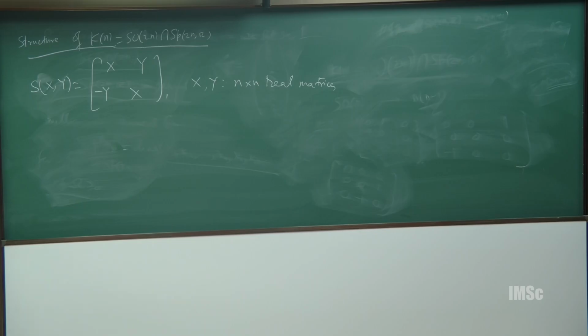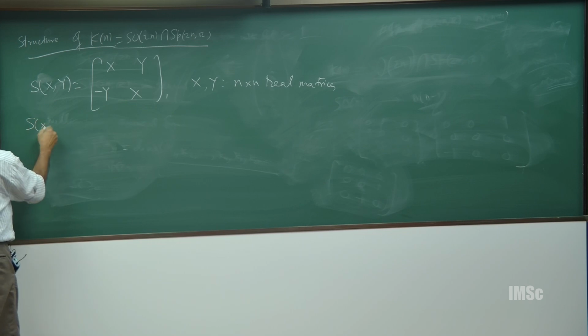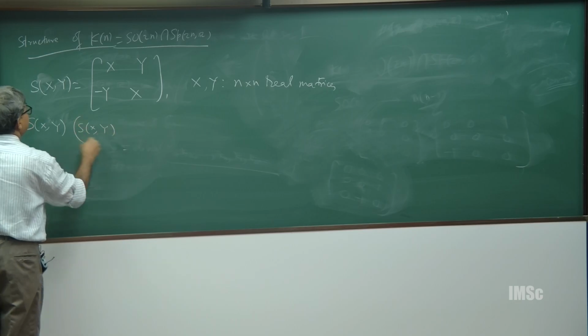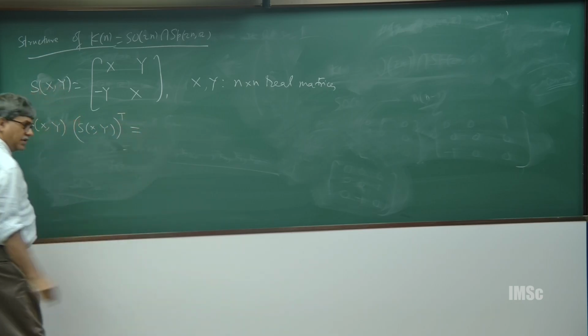Right. So, therefore, this is a 2n by 2n real matrix. Now, let us see what is this S = (x, y; -y, x) and then S S transpose. What is this?